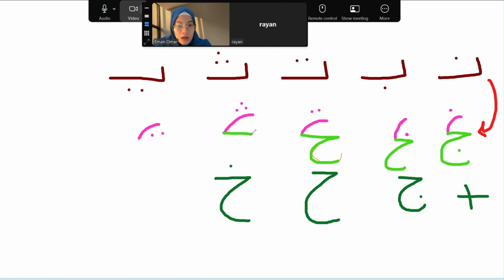And is it easy? Now let's make kha with that. And the dot will be on the top here, because this is the dot for kha. Right? Okay. And here, let's say jim, for example. Yes? Okay. Do you think it's easy until now? Yep, pretty easy. Yes, MashaAllah.